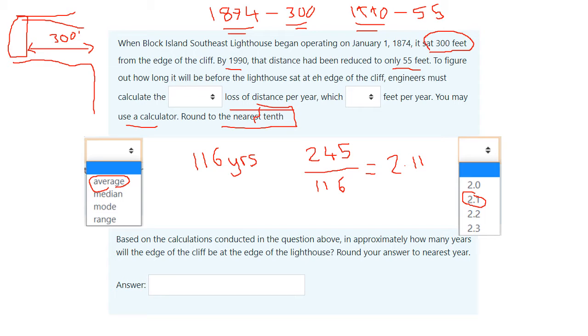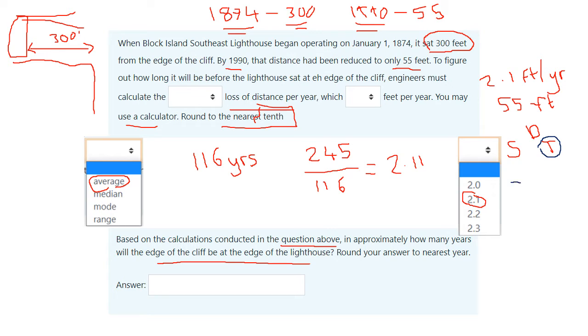Based on the calculations conducted in the question above, in approximately how many years will the edge of the cliff be at the edge of the lighthouse? So it is moving 2.1 feet per year. There is a distance of 55 feet. Actually, you can use speed is distance divided by time. We want to know what is the time.